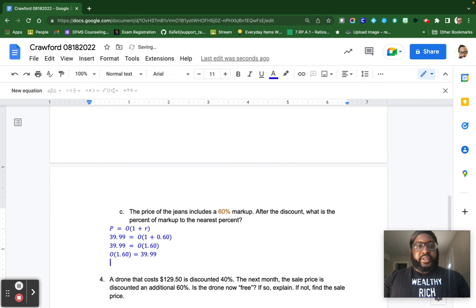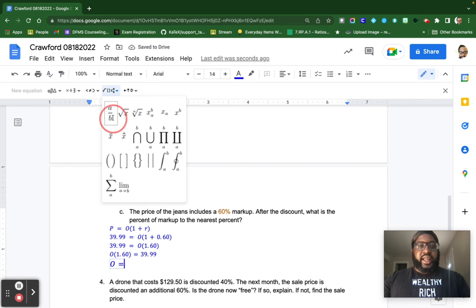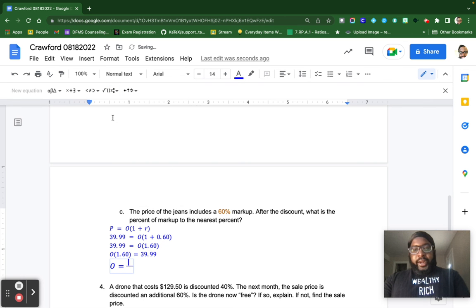And I switch it around because that's a property of an equation. I could just literally switch around both sides of the equal sign and get the same thing. So now I have O, capital O. Then I'm going to set it equal to this fraction. Since I have the 39.99 to the right, I'm going to keep it on top.